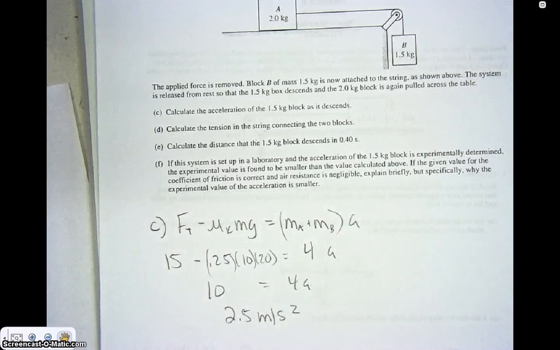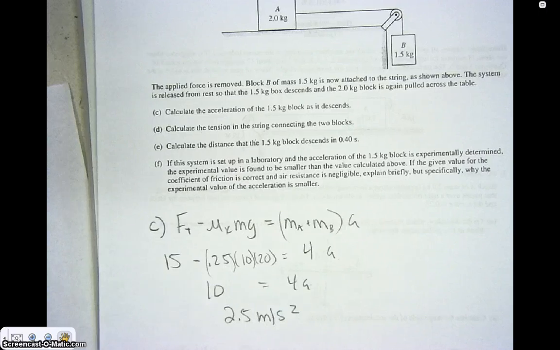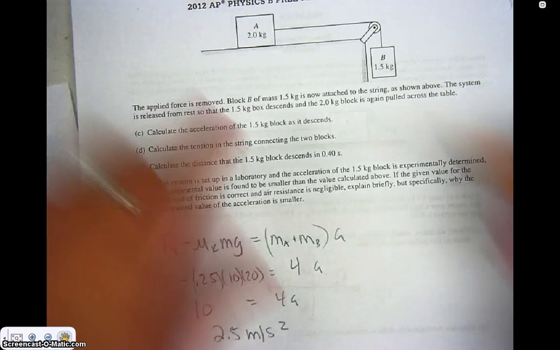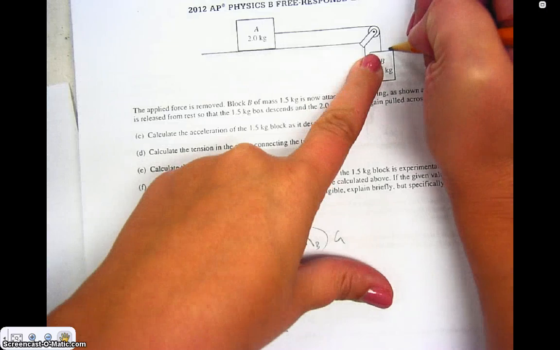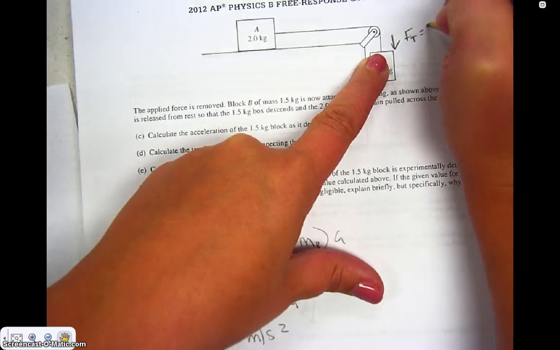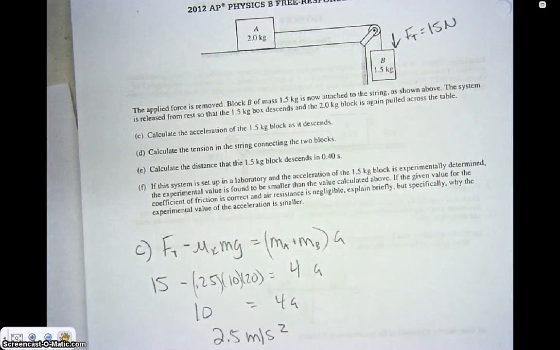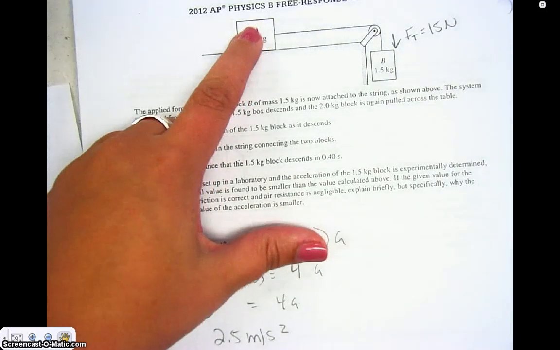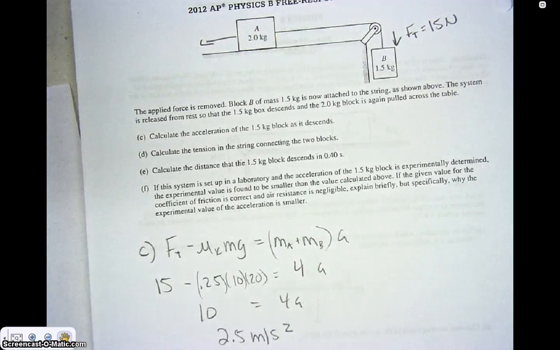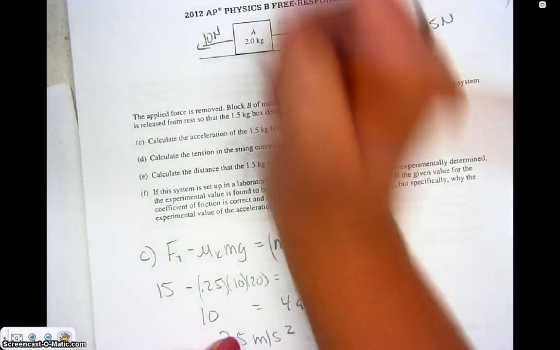All right, now it says calculate the tension in the string between the two boxes. Now let me just kind of explain this. The tension in the string is a result of both this thing pulling in this direction, so there's tension in this direction of 15 newtons. However, there is a force due to friction back in this direction acting on this, which is equivalent to 10 newtons.